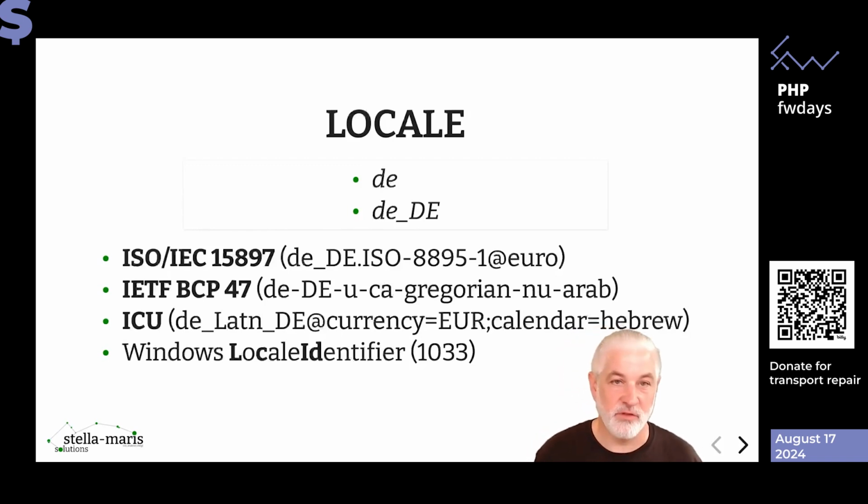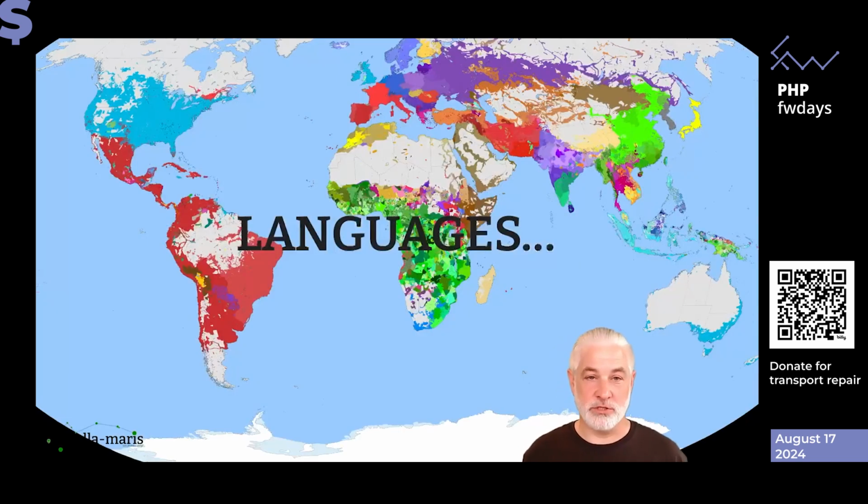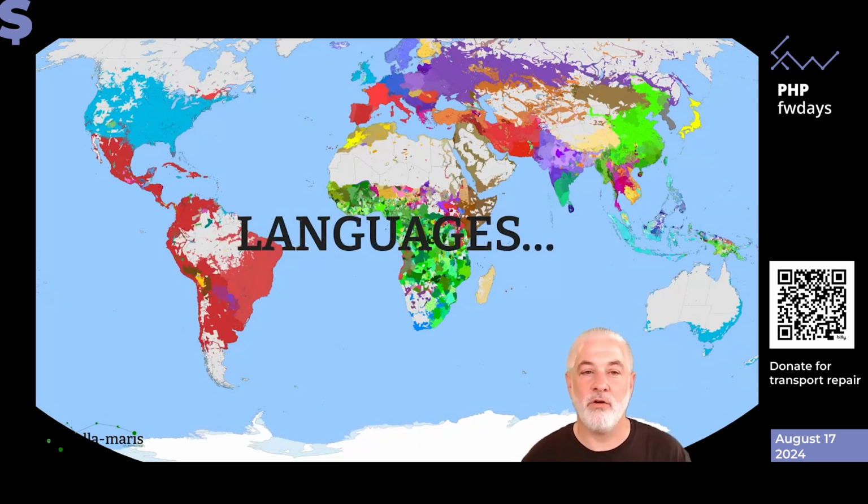Let's dive into the different separate things. So the most common one that we probably all know about is actually languages. And as you see here, languages are very varied. What you see here is a map of languages used throughout different countries.